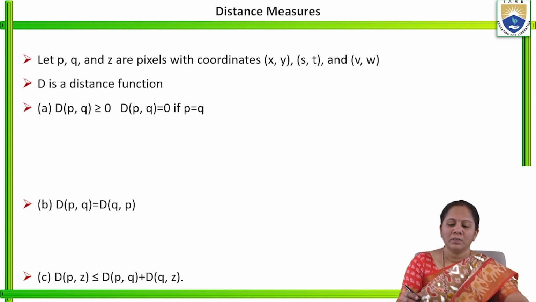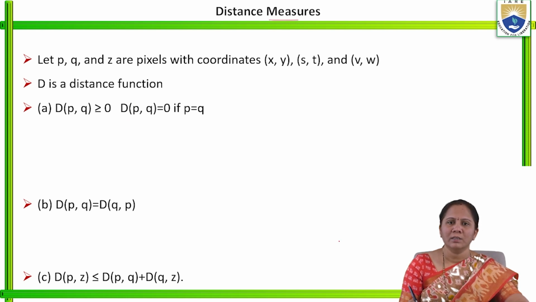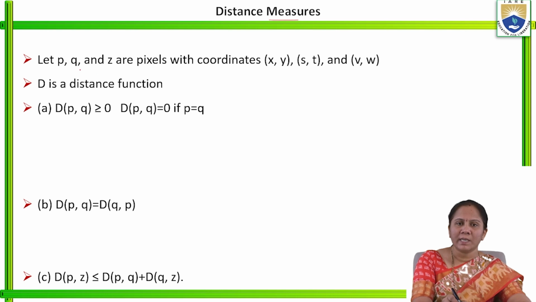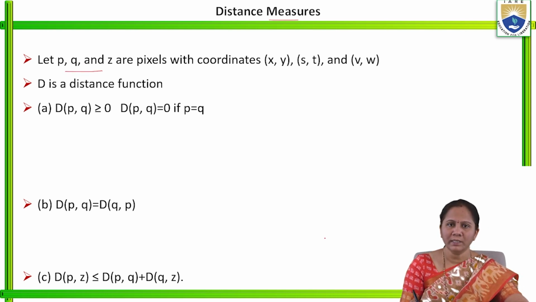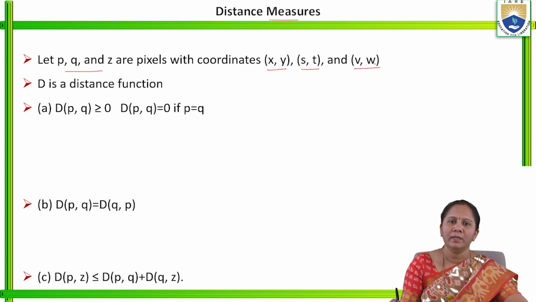To measure the distance between pixels, here we are going to consider one example which has 3 pixels P, Q and Z, and each pixel has its own coordinates. The coordinates related to these 3 pixels are XY, ST and VW.